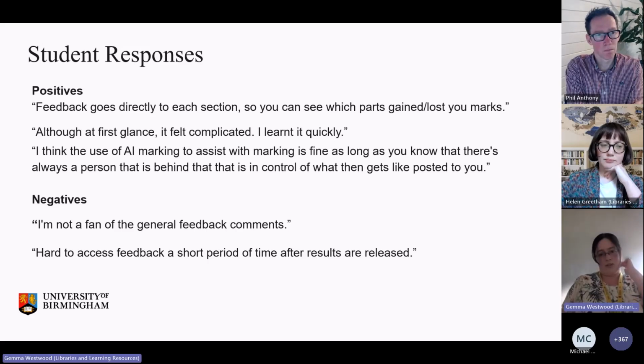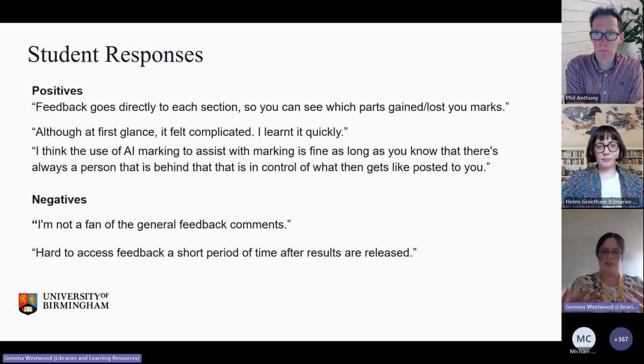And although they did raise some issues in terms of the feedback that they received, that was more of a misunderstanding with the feedback itself than the tool and the purpose of the tool. And students, quite importantly, didn't have many concerns about AI assisted marking in the same way that we see those levels of concerns with generative AI marking, provided that they were properly informed about the difference between the two.